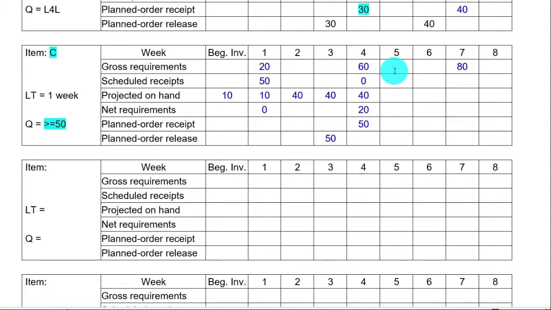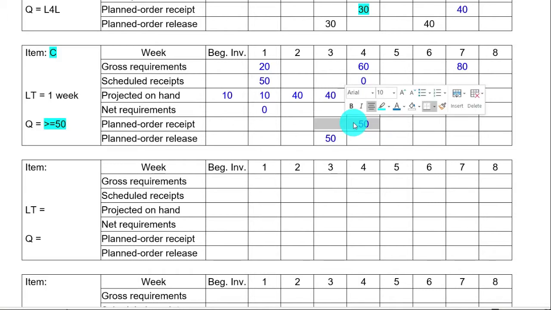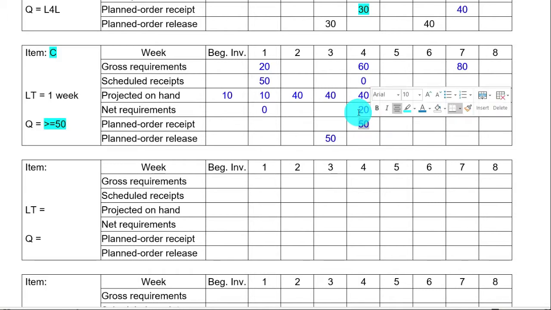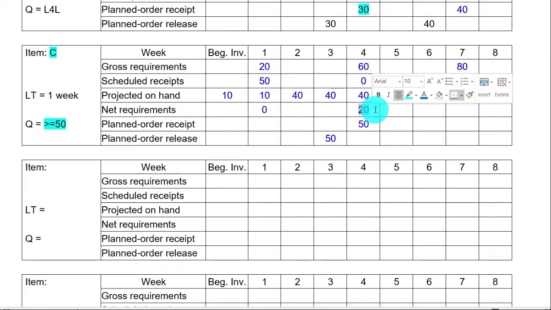And what is on hand in week 5 and 6? Well, 50 arrive. You use 20. So you have 30 left. So 30 on hand in week 5, 30 on hand in week 6, and 30 on hand in week 7. In week 7, gross requirements is 80 minus 0 on order minus 30 on hand.